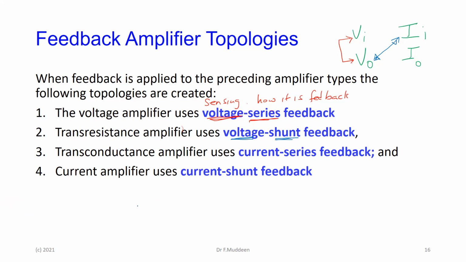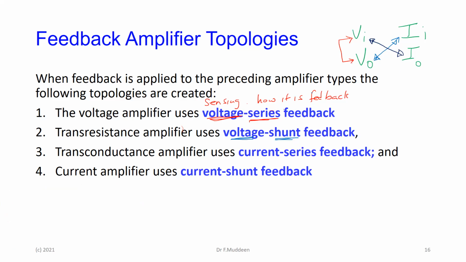The transconductance amplifier is voltage in and current out.